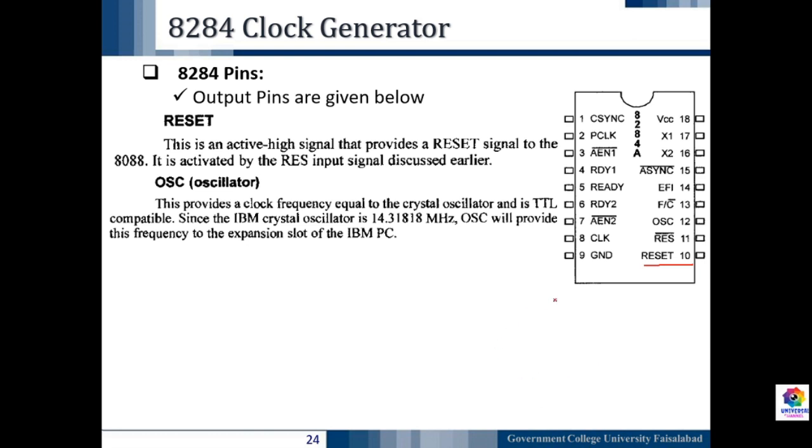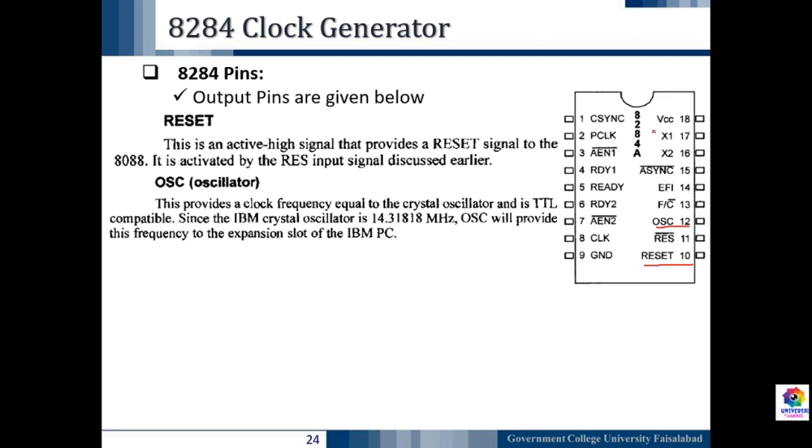The next output pin is the oscillator pin, which is pin number 12. It provides a clock frequency equal to the crystal oscillator and is TTL compatible. Since the IBM crystal oscillator is 14.31818 MHz, the oscillator pin will provide this frequency to the expansion slot of the IBM PC.